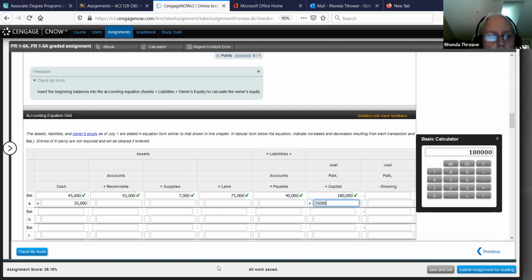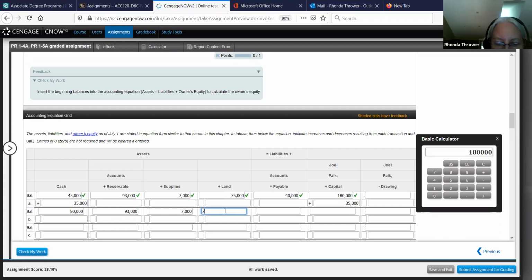Then we're going to rebalance just like we've done before. And the balance in my cash account should be $80,000. I'm going to bring down my accounts receivable beginning balance. Bring down your supplies.